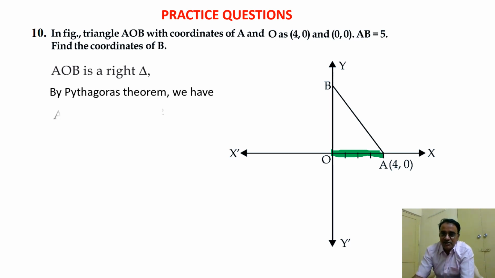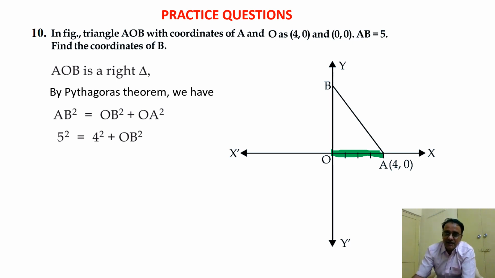So by Pythagoras theorem, we have AB square is equal to OB square plus OA square. So 5 square is equal to 4 square plus OB square. Now what is 5 square? 25, and 4 square is 16. So 16 को यदि हम लोग इधर शिफ्ट करेंगे तो वो हो जाएगा -16.